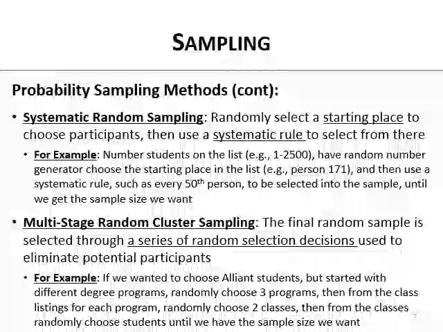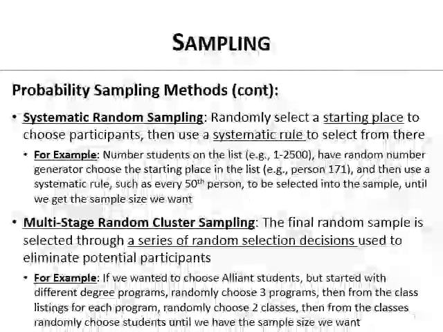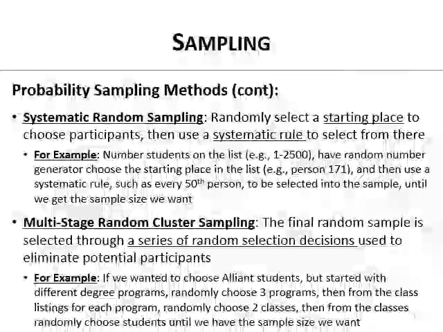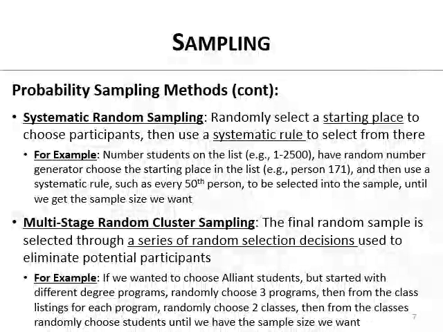Let's say you wanted to choose Alliance students again, but you started with different degree programs. You randomly choose 3 programs, and then from the class listings for each of the programs, you randomly choose 2 classes. Then from the classes, you randomly choose students until you have the sample size you want. So there are 3 stages here: program, class, student. Each stage is random. That makes it a multi-stage random cluster sample.